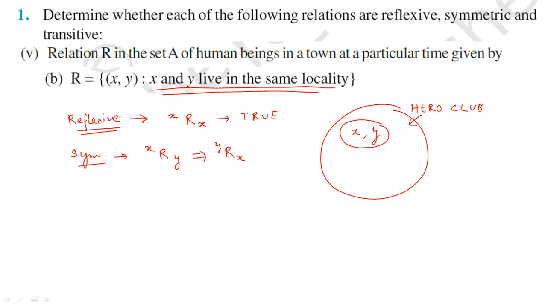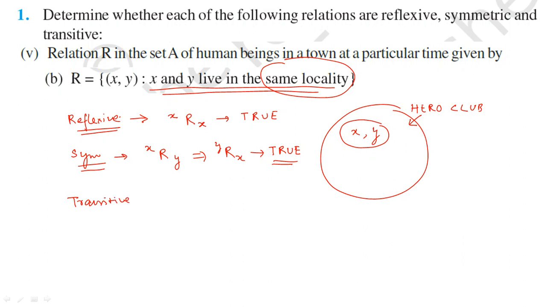Y and X both lie in the same locality. Again, the answer is true because the target point is not the numbers here. Target point is the relation where they live. They live in the same locality. If both the persons lie in the same locality, it means the answer is true. Otherwise, the answer is false.